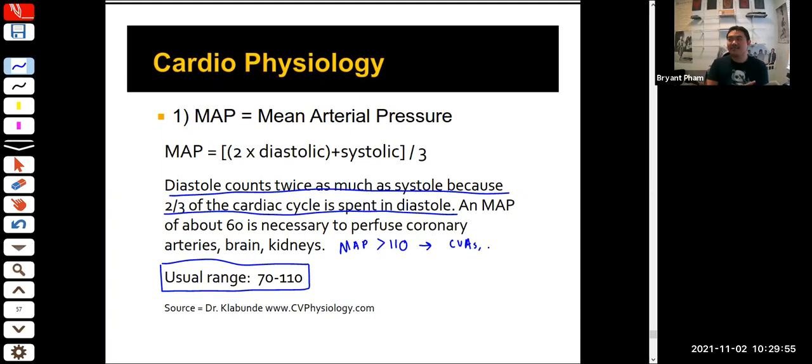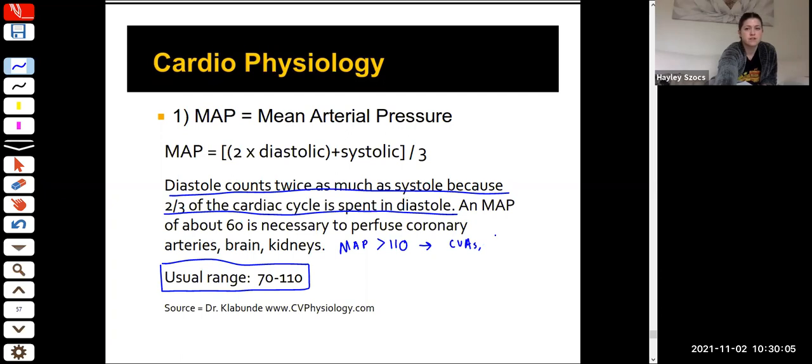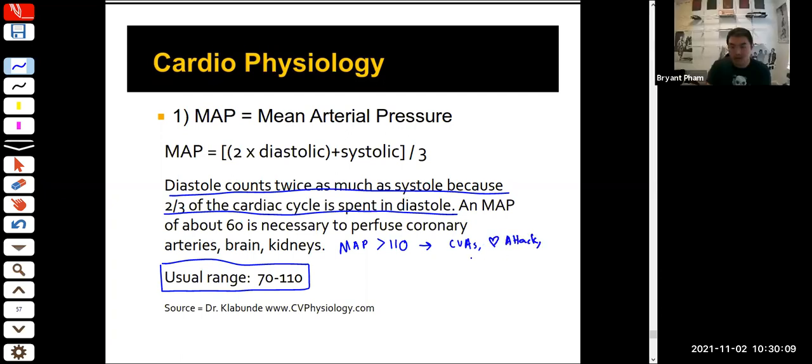If there's not enough pressure. Here, blood is just going super fast. Heart attack, yeah. Aneurysms, bleeding. Okay. So if your MAP is above 110, hey, you're looking at death.